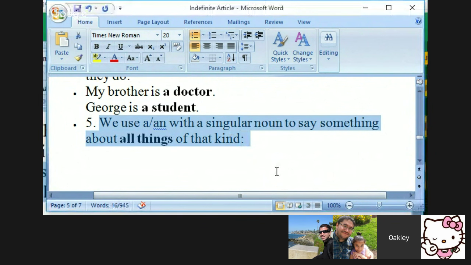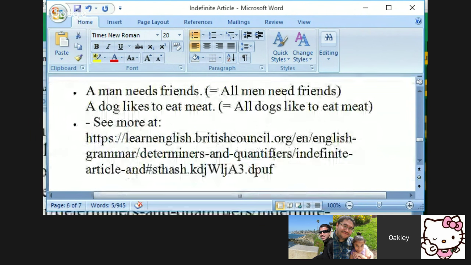We use A or AN with a singular noun. This is one of many possibilities, actually 5 different distinct possibilities of how we talk about all things of that kind. This is one possibility. A man needs friends.